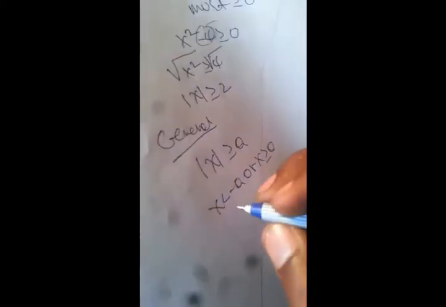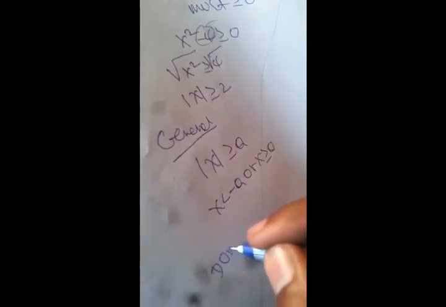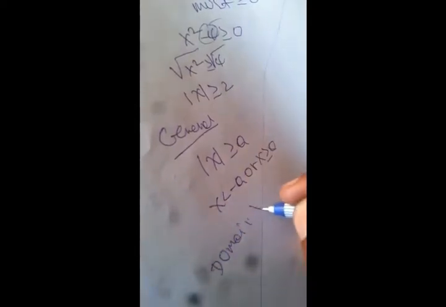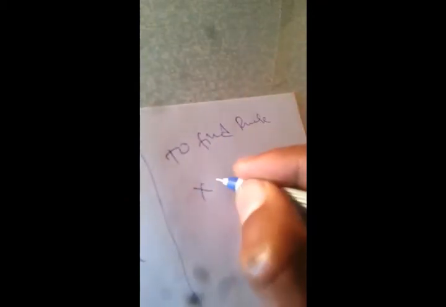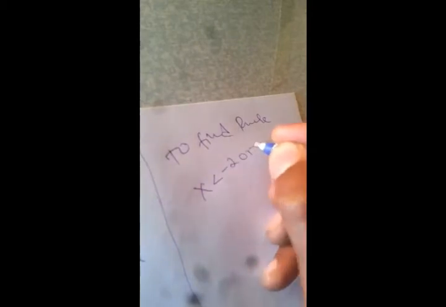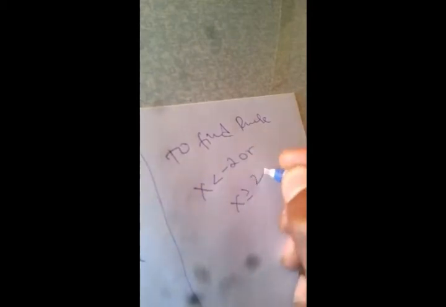Therefore its domain will be x less than or equal to minus 2, or x greater than or equal to 2. And to find the range, we will insert values. We already got our domain: x less than or equal to minus 2 or x greater than or equal to 2.